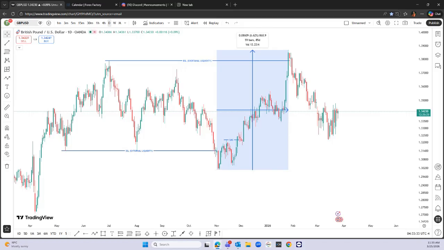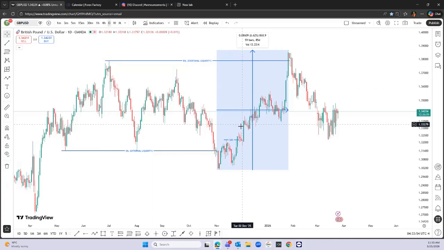So when both of them align, probability increases. But when they conflict, confusion will increase. So with this, I will give you a 3-step framework for alignment, because alignment between higher time frame and lower time frame is very important.